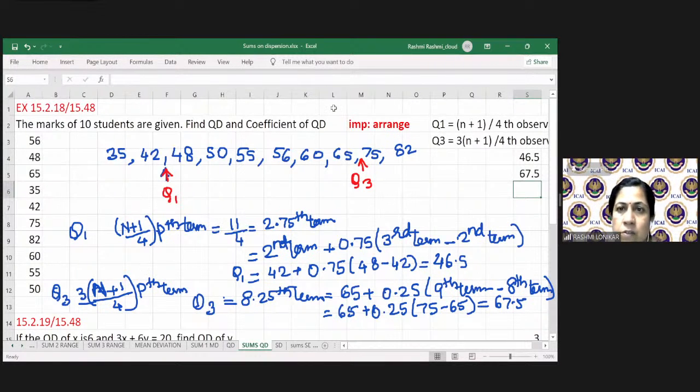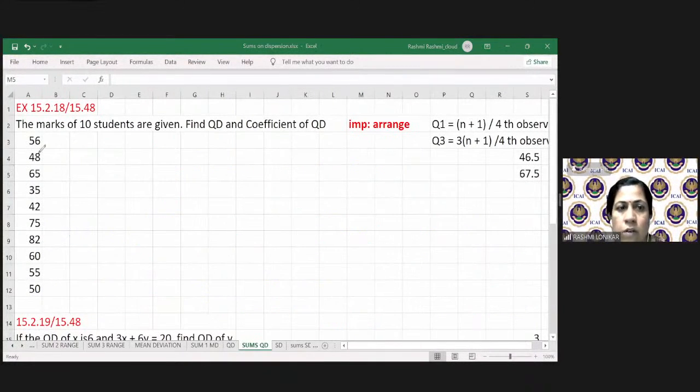Okay. So now I have to find QD. So can anybody tell me the answer?